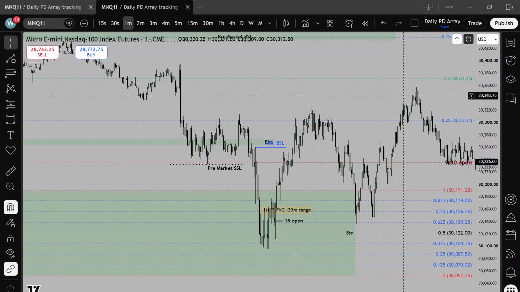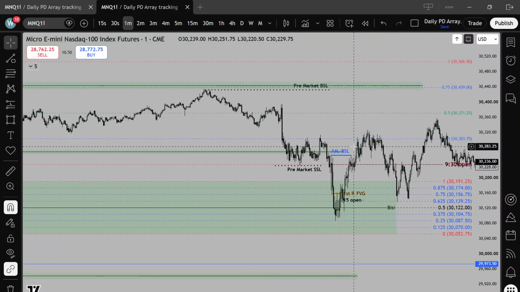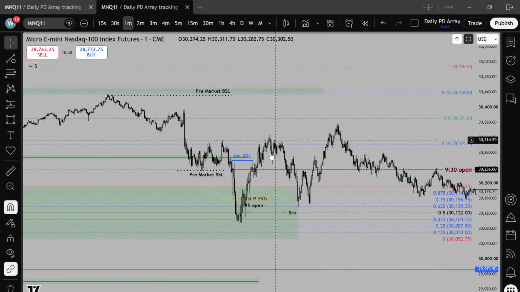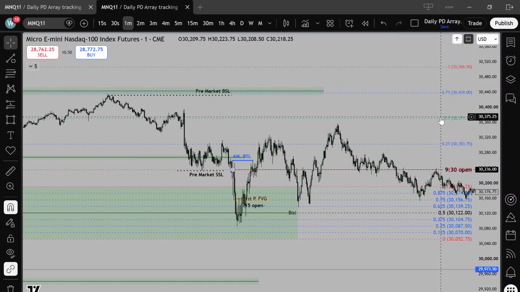Obviously, when we have an opening range gap in a premium, our eye is going to be on 50% of that opening range gap right here, which is going to be the consequent encroachment of it. So when we are not able to go lower here, we can frame our trade based on this is where our next draw would be.